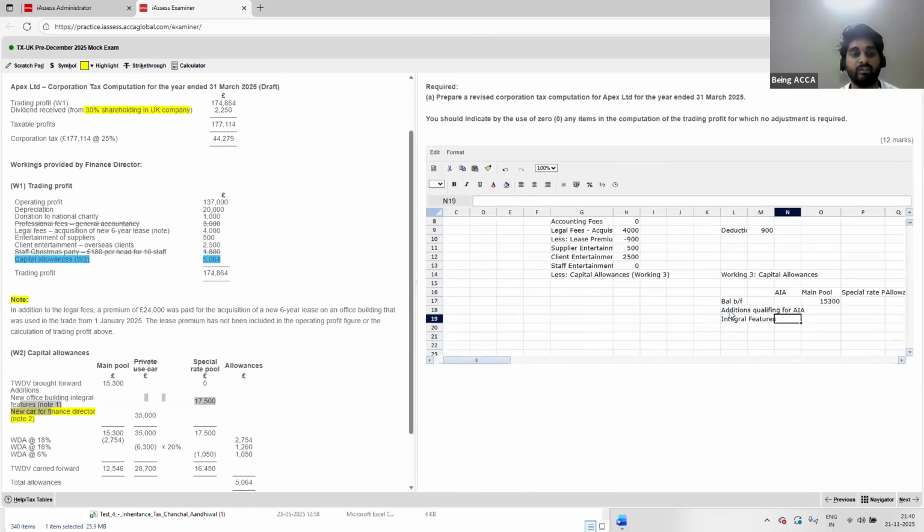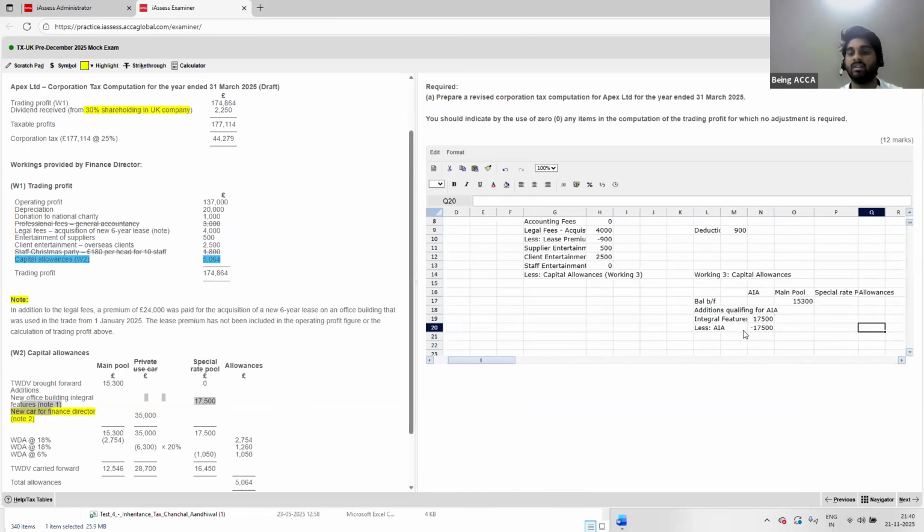They are qualifying for AIA, so they should be taken here at 17,500, and we should deduct less AIA of minus 17,500, and this 17,500 is the annual investment allowance. The amount being deducted here should also be taken into the allowances column to compute the total allowance that is available. So 17,500 has been calculated.